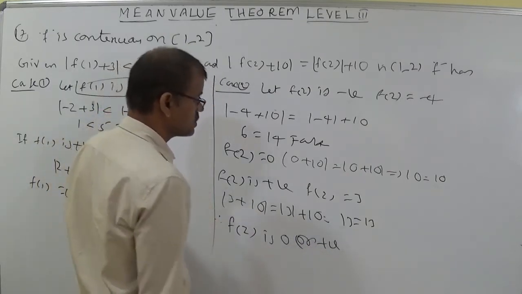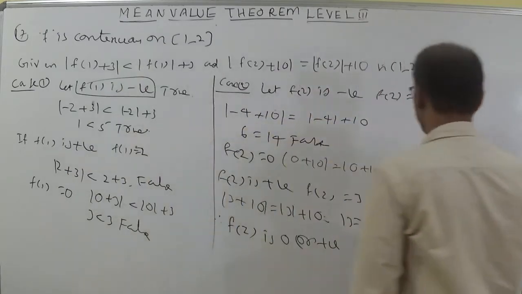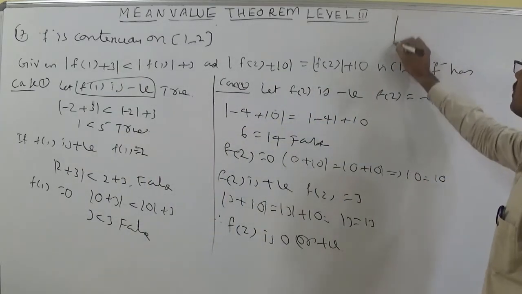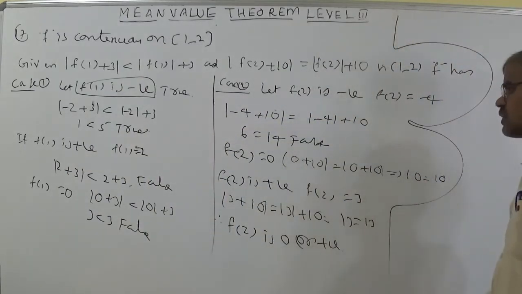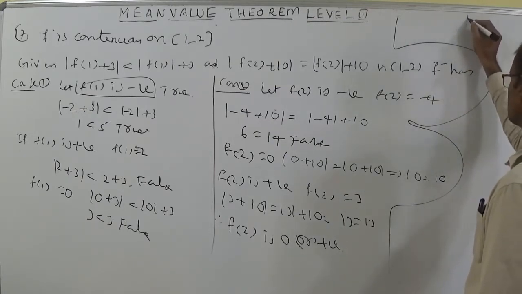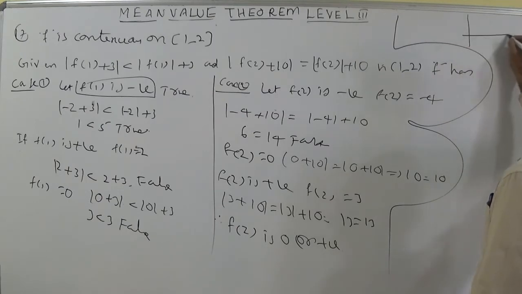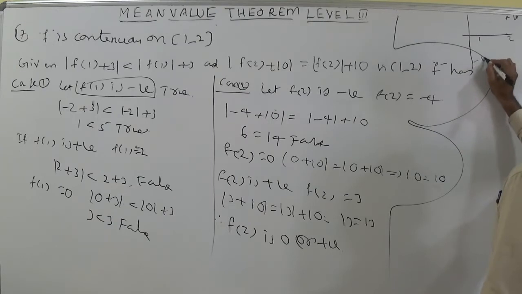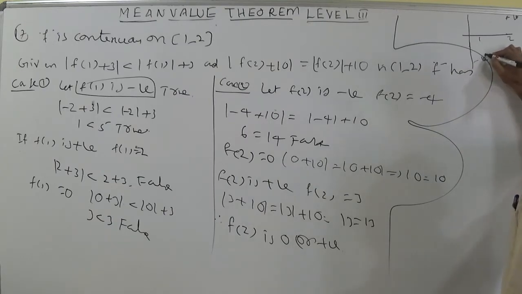Now, let us draw the graph for 1, 2. We got that f of 1 is negative and f of 2 is 0 or positive. You take here 1 and you take here 2. f of 2 becomes positive here, maybe 0 also. But f of 1 becomes negative. So put a point like this.